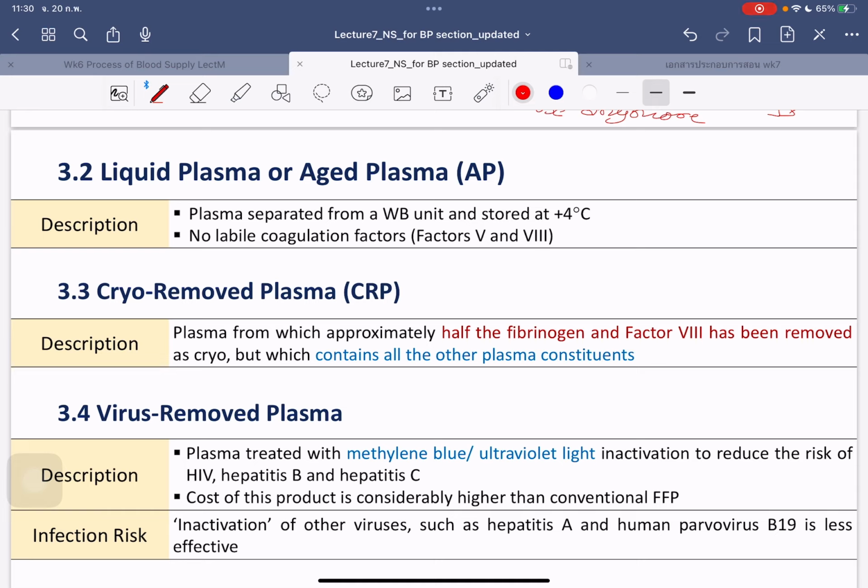And the next one is virus removed plasma. For this one, it uses methylene blue and ultraviolet to inactivate HIV, HBV, and HCV. Use in which case in your area? Sometimes we use it in immunocompromised hosts, such as during organ transplantation or stem cell transplantation, because the patient has the risk to be infected with these viruses easily.